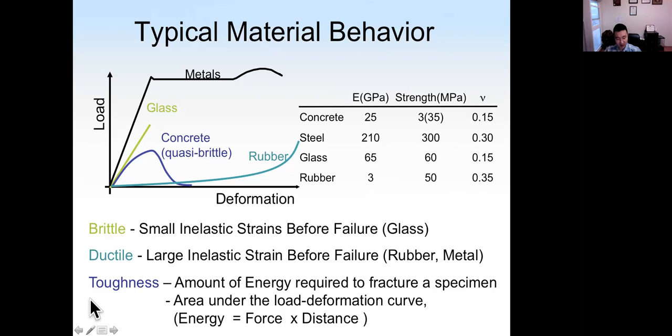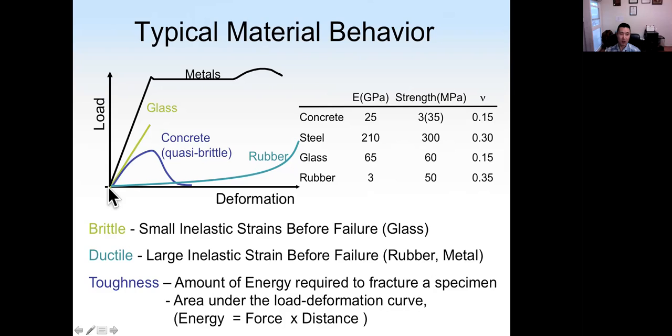And toughness is defined as the amount of energy required to fracture a specimen. That is how much energy the material can absorb before final failure. And energy is equal to force times distance. So based on the areas underneath the load and deformation curve, we can calculate the toughness for different materials.